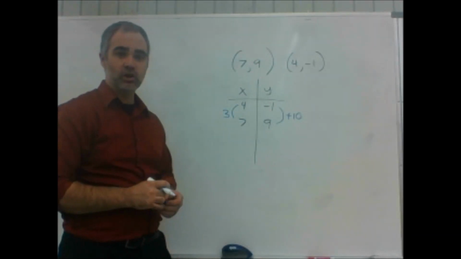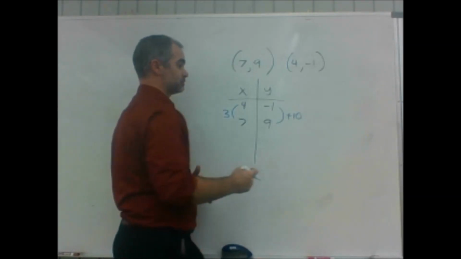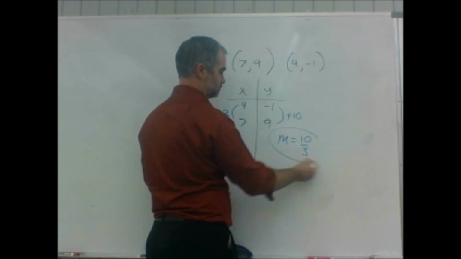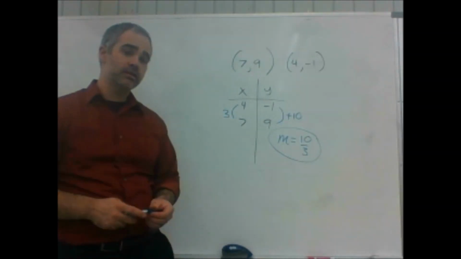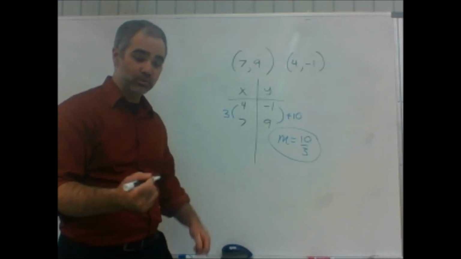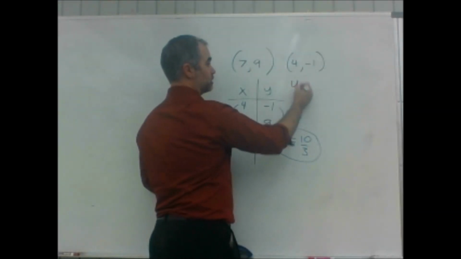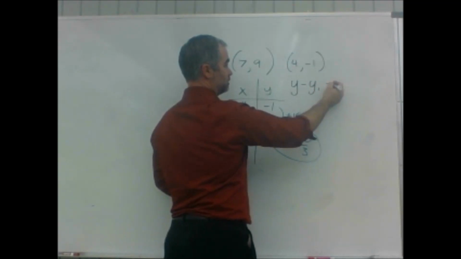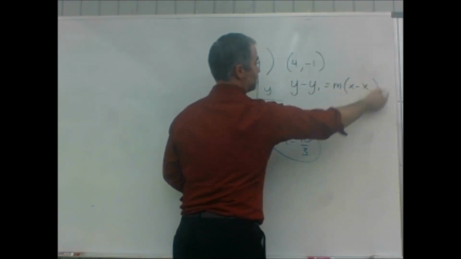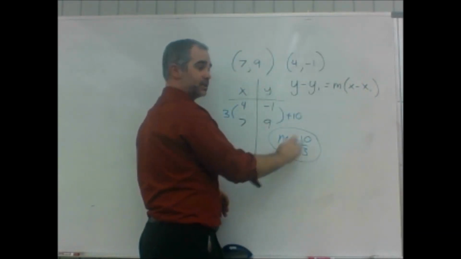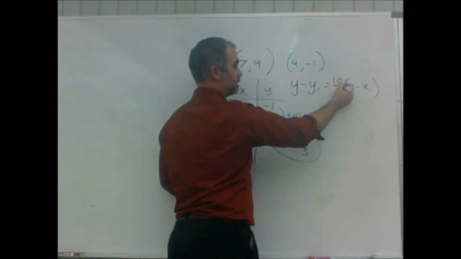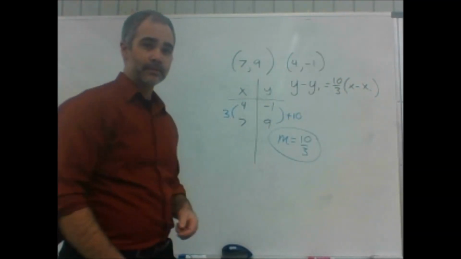So your slope is 10/3. That'd be pretty ugly to work with if you had to work backward and find b, but the point-slope form, it's super easy. Remember, it's y minus y1 equals m times x minus x1. We just found m, so I'm going to plug that in here. I'm going to replace the m with just 10/3. Again, don't change that to a mixed number.